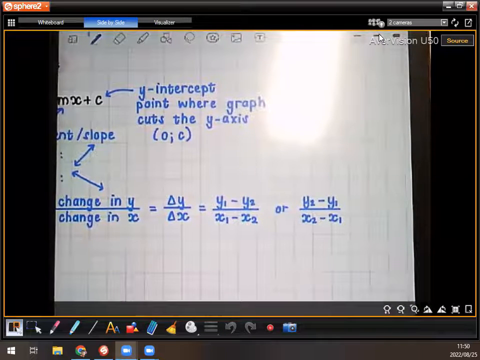We're going to do an example now, just calculating gradients. Okay, are we fine so far?